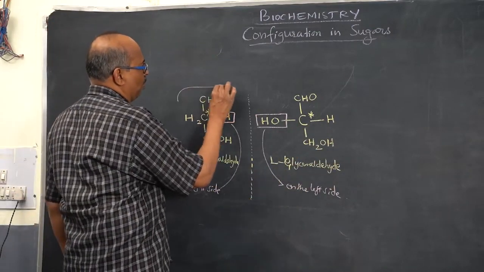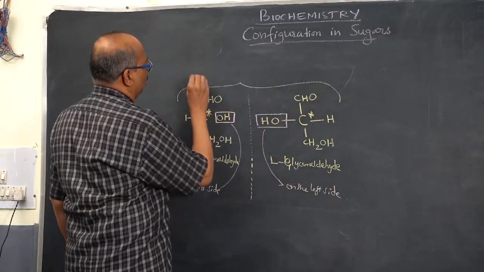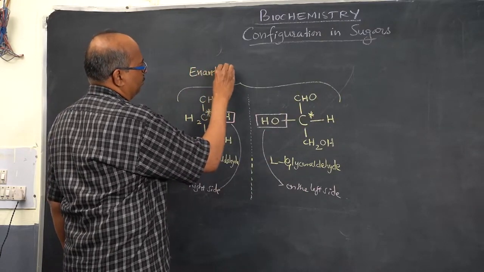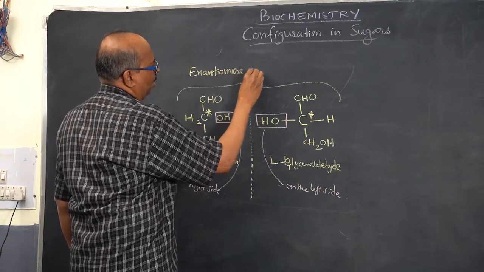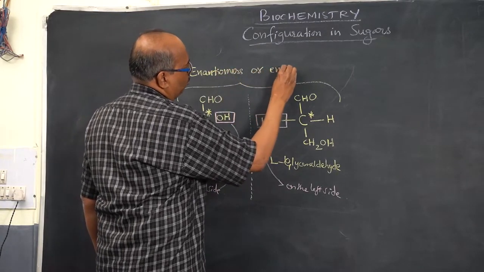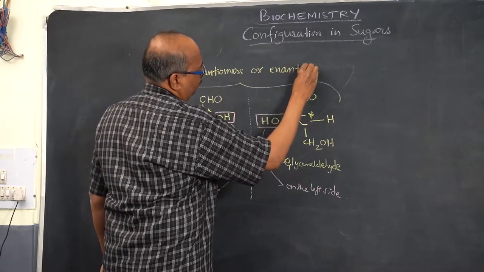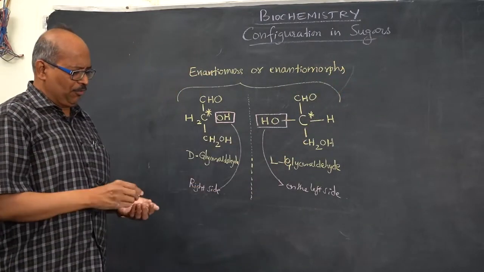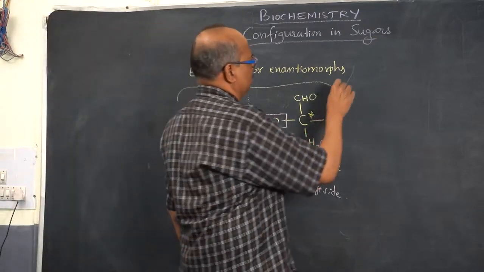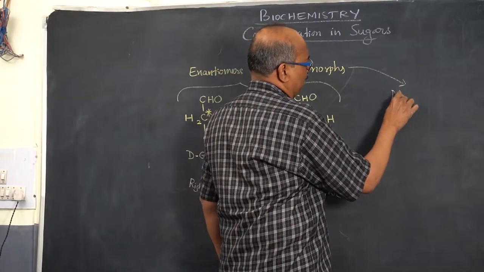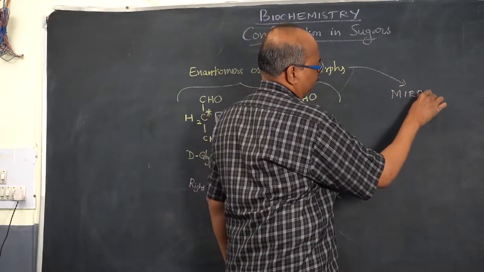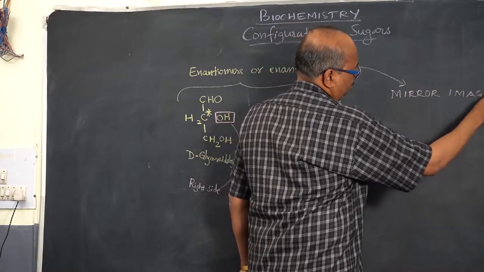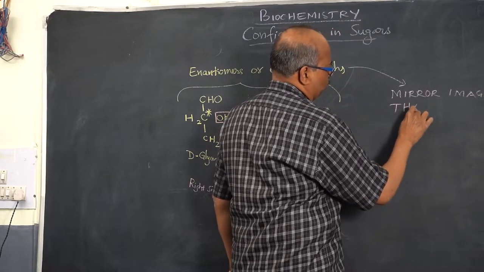Together, these two forms are called enantiomers or enantiomorphs. The simple definition for enantiomers is mirror images that cannot be superimposed.